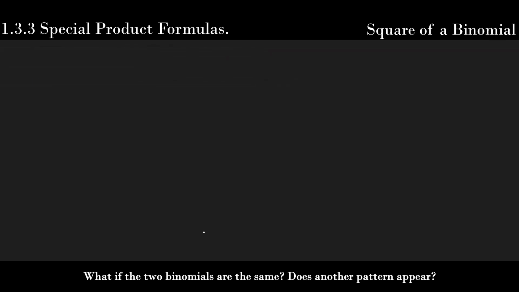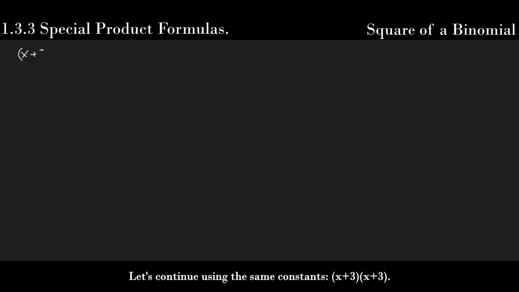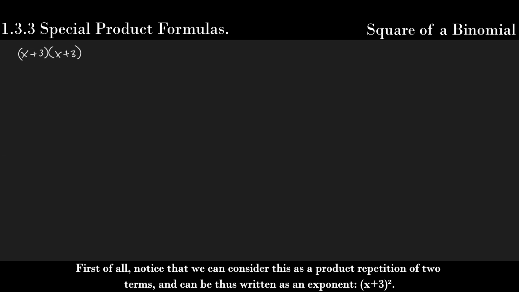What if the two binomials are the same? Does another pattern appear? Let's continue using the same constants. x plus 3 times x plus 3. First of all, notice that we can consider this as a product repetition of two terms. It can be thus written as an exponent, x plus 3 squared.